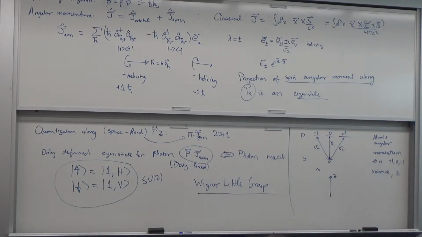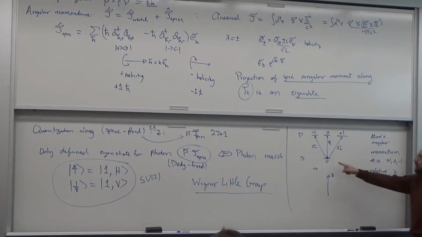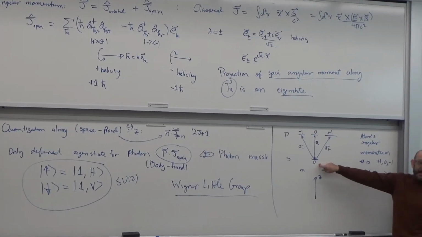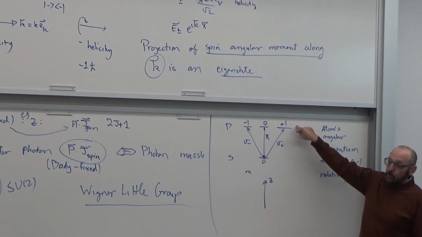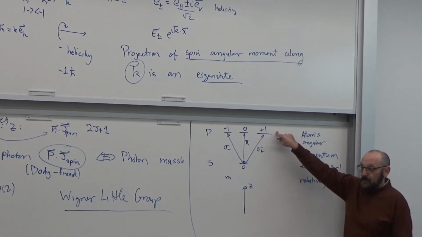Okay? Now, that angular momentum has to come from somewhere. I start with the state that has 0 angular momentum. And so if it ends up here, it got 1 unit. Where would that come from? It would come from the photon.